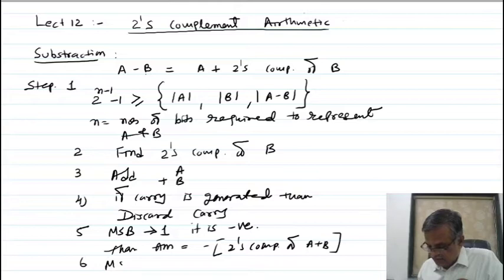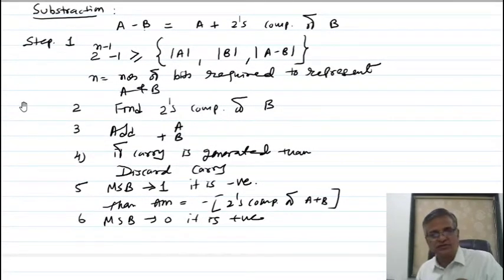Step 6. If the MSB is 0, then it is a positive number, and it is in sign magnitude or true form, you can say.